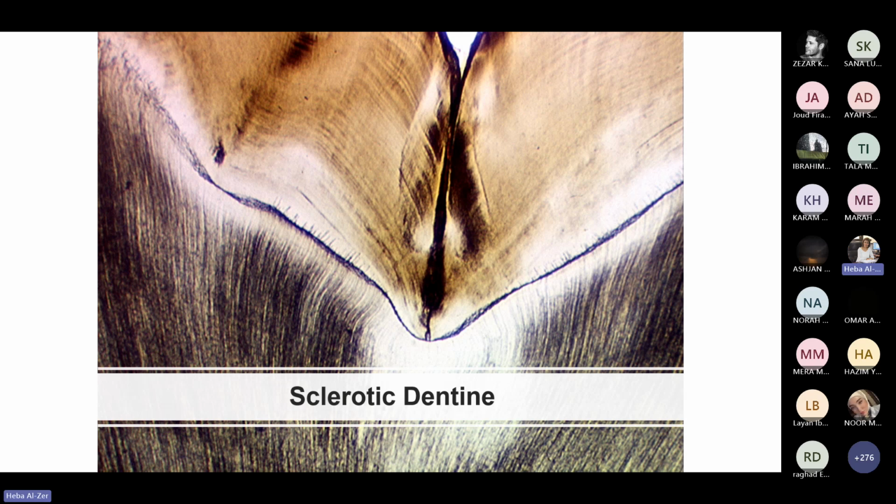But in this case, it is not physiological. The dentine becomes translucent because of this slow-growing carious lesion inside the pit. So this dentine is occluded, all of the tubules are occluded, but now we call it sclerotic dentine, despite it's translucent, because it's pathological.